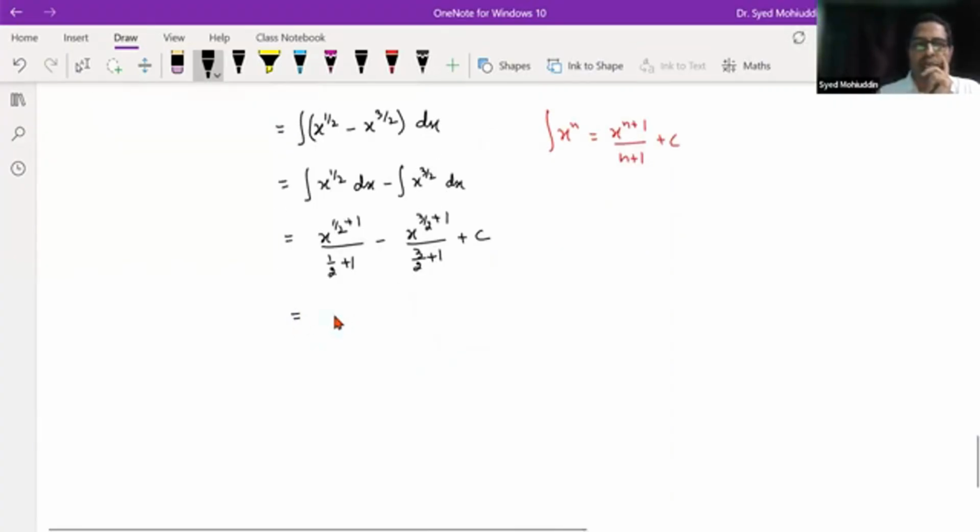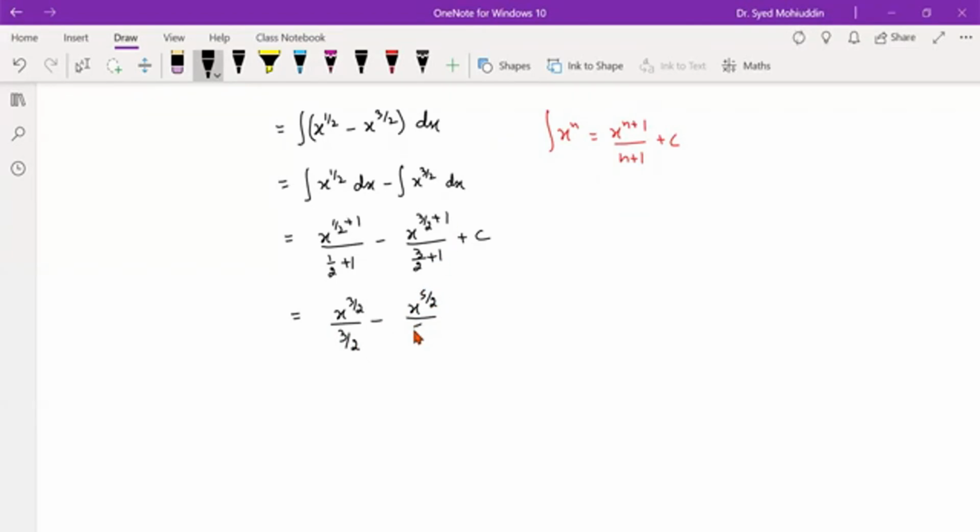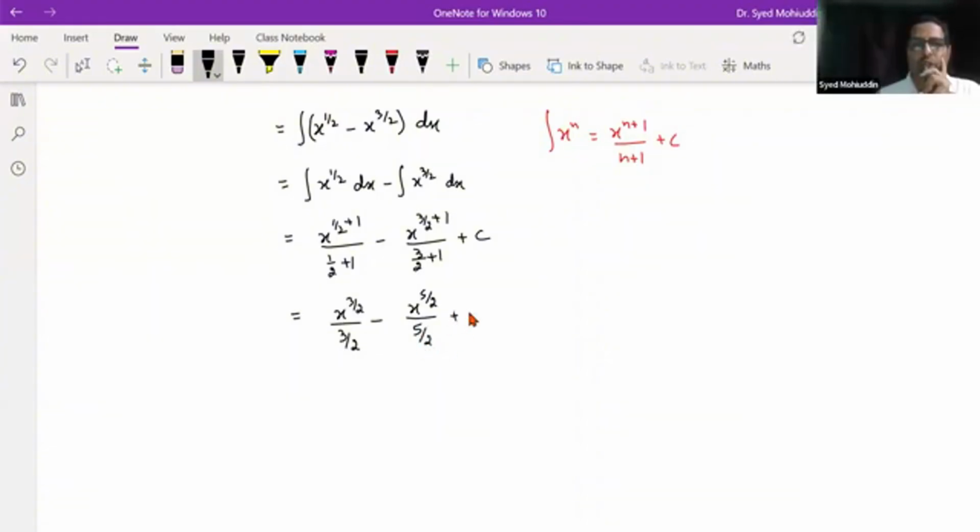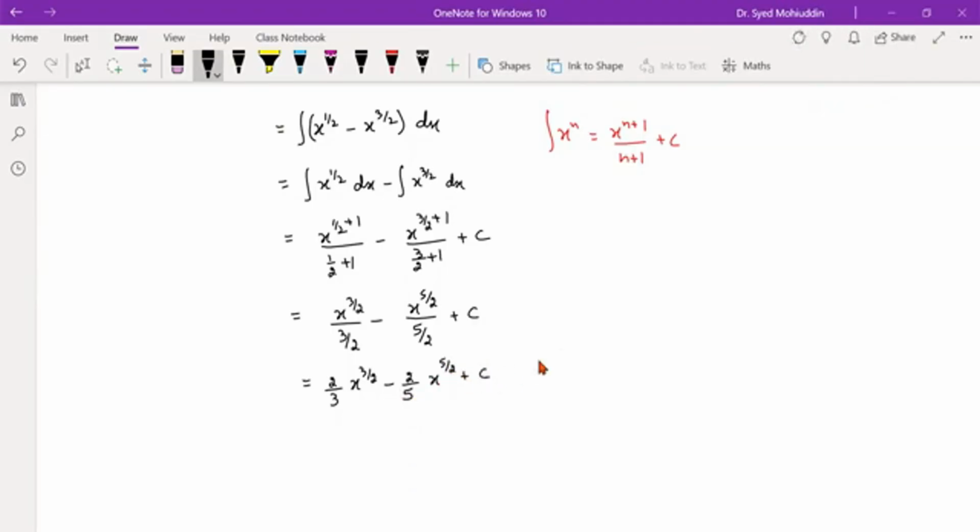Or further, if you try to simplify this one, it is x power of 1 by 2 plus 1 will be 3 by 2 divided by 3 by 2, minus x power of 3 by 2 plus 1 will be how much? 5 by 2 divided by 5 by 2, plus the constant of integration c. Or 3 by 2 can be rewritten as 2 by 3 if you are taking it to the numerator. So it becomes 2 by 3 x power of 3 by 2 minus 2 by 5 x power of 5 by 2, plus the constant of integration c.